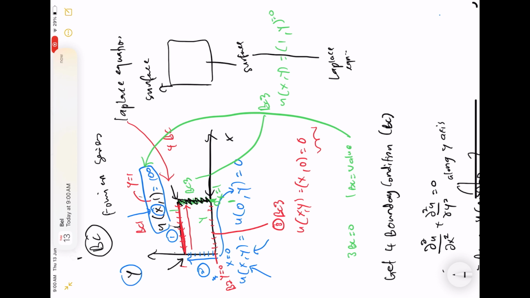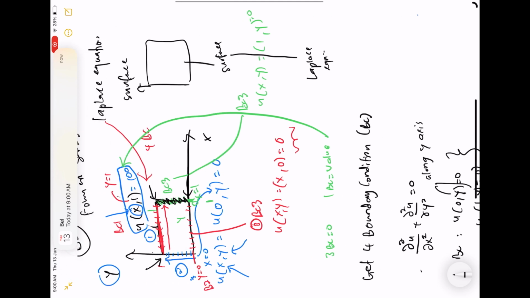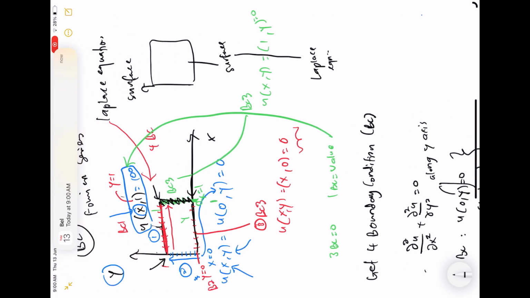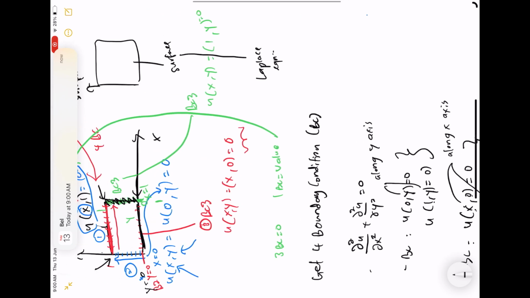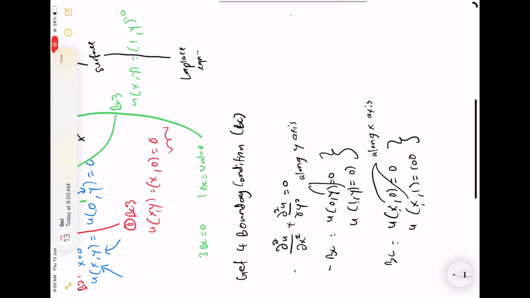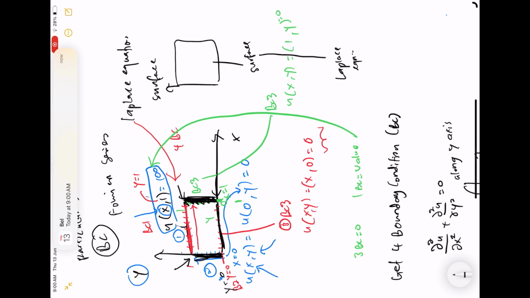Okay, so x comma 0 is along the x-axis at point y equal to 0. Sorry, the one at point x equal to 0, so it's here. And then the second one is 1 comma y, along the y-axis, at point x equal to 1. Sorry, just now I made a mistake.